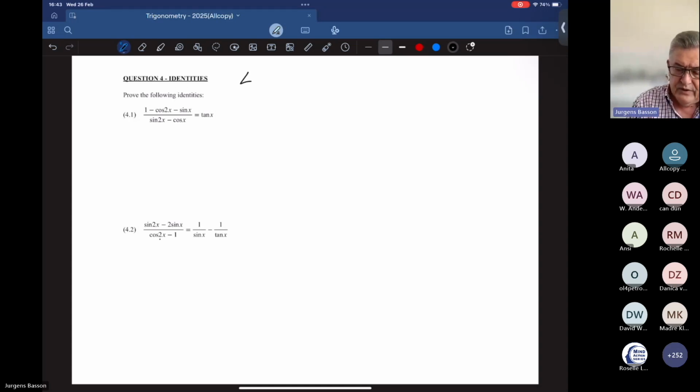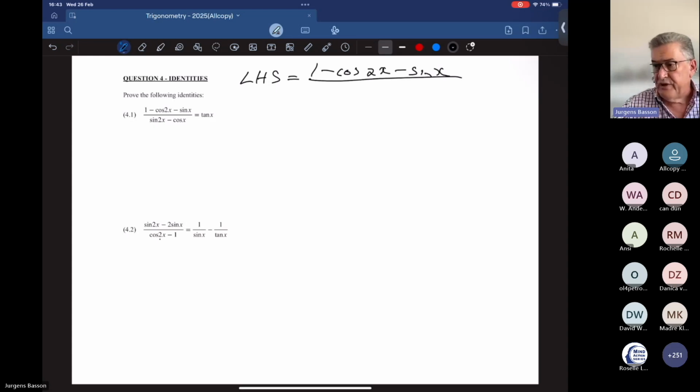So let's start with this left-hand side. You will see the left-hand side looks impressive. And then we see if we can get it to tan x on the right-hand side. So what I like to do is I am not going to substitute cos 2x now. Maybe it sounds funny, but I prefer to leave it because I don't know enough yet.